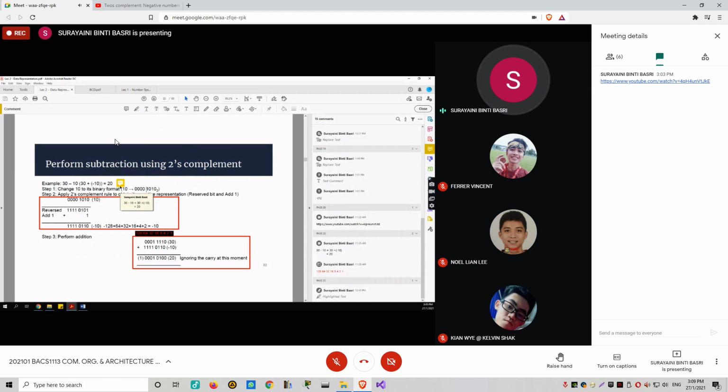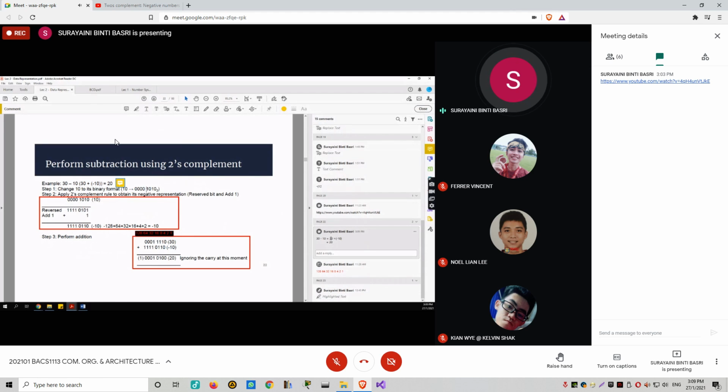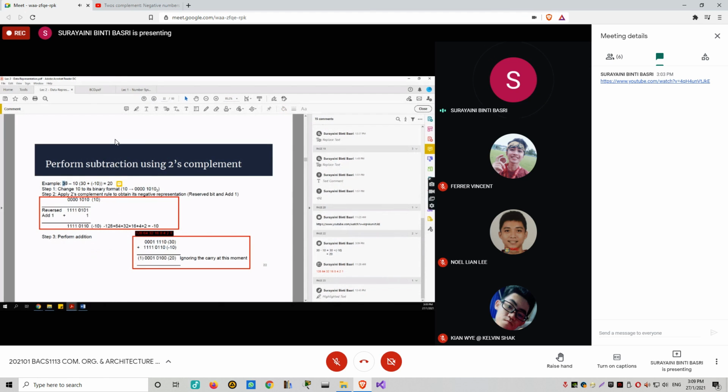The question is actually only 30 minus 10, but because we want the negative number, I rewrite it again like this, because otherwise it looks like 30 minus 10 multiply 30, so it is confusing.